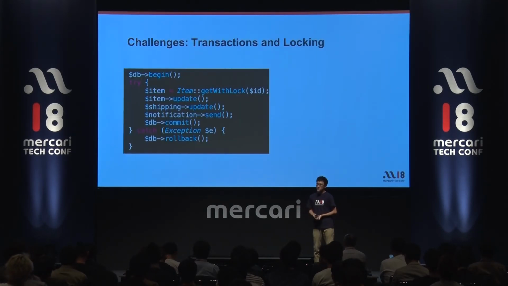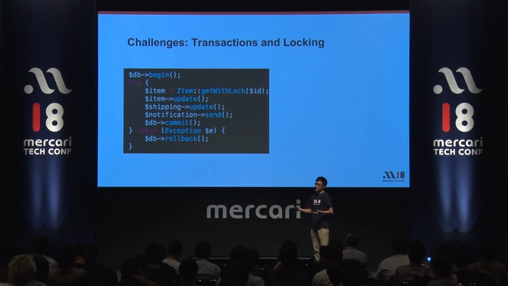The next challenge is transactions and locking. This is something we can easily write in a monolithic design. And this is obviously pseudocode, but basically the idea is, you start a DB transaction, and then you get some lock, and by lock I mean essentially select for update in a MySQL database, and then you start your heavy processing of the transaction.